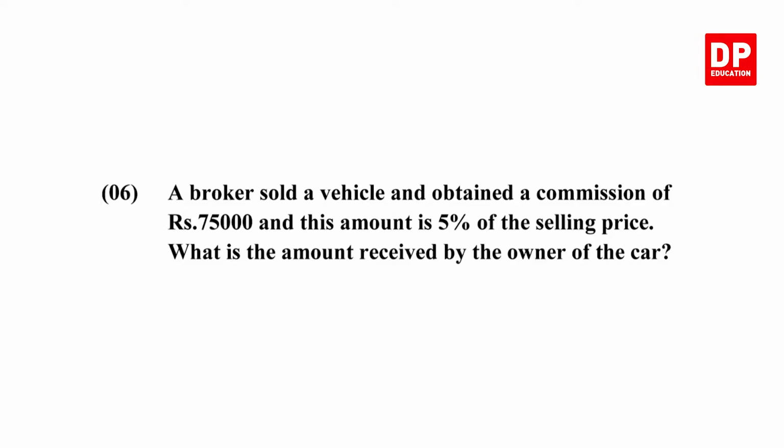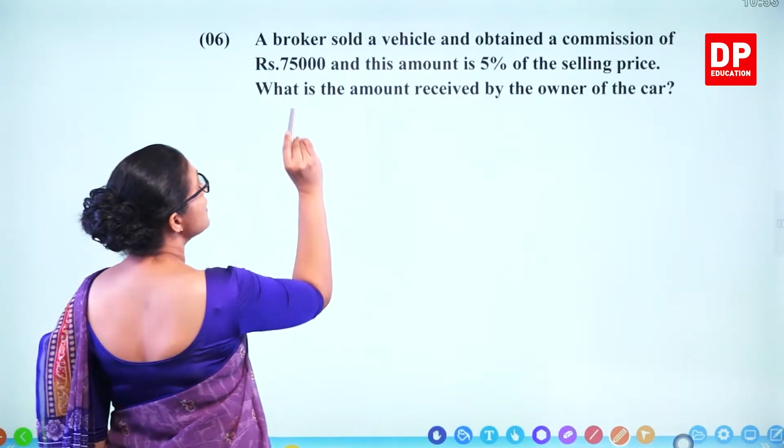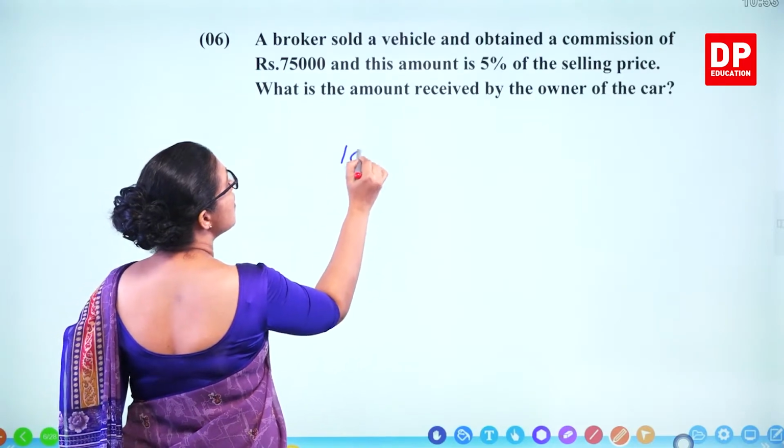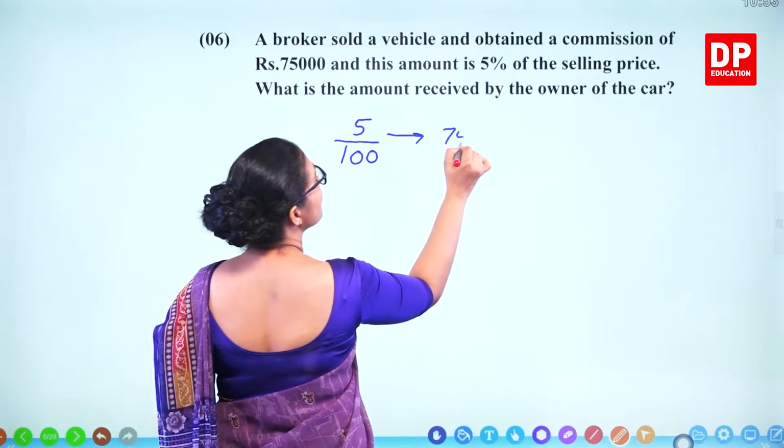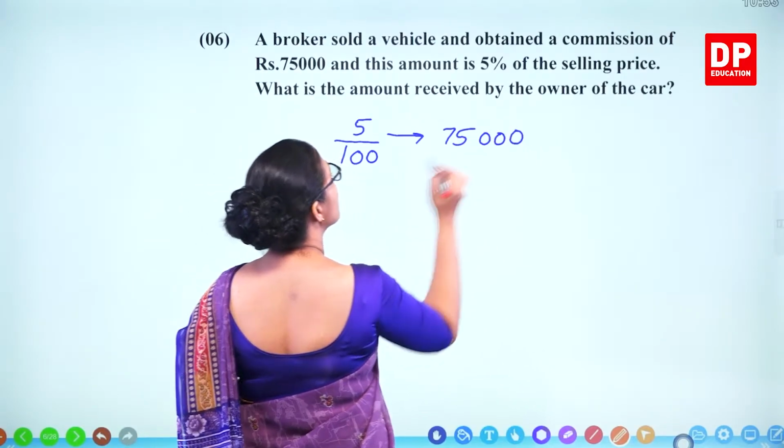Question number 6. A broker sold a vehicle and obtained a commission of 75,000 and this amount is 5% of the selling price. What is the amount received by the owner of the car? So 75,000 means 5 over 100. That's the commission value he got.